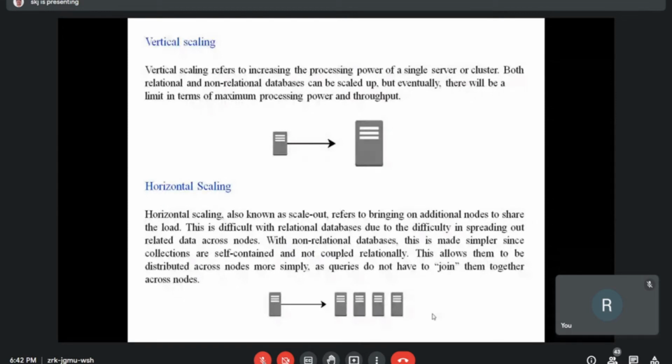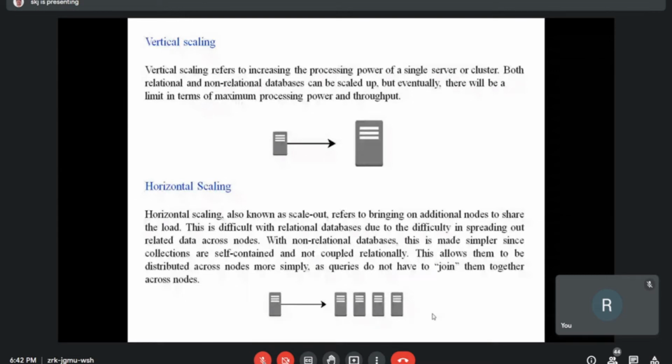So instead of one machine, I have several machines connected, and I get similar power as with vertical scaling. This is called horizontal scaling: using similar machines, more and more in number, to get the same high computation.